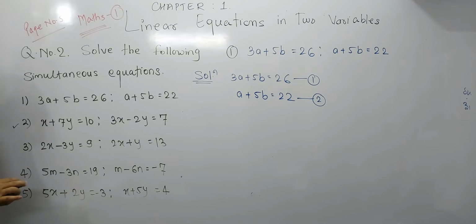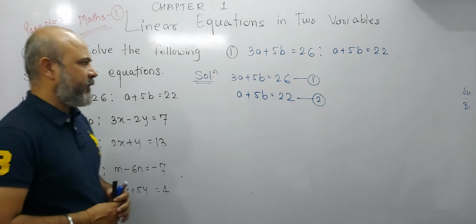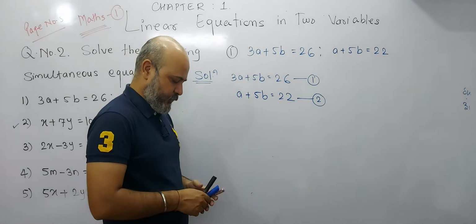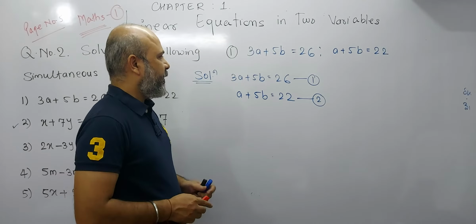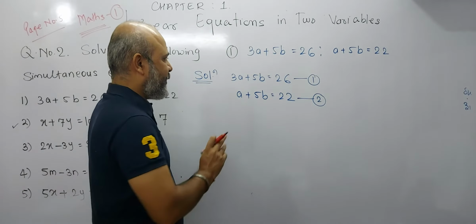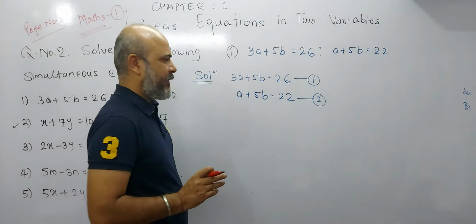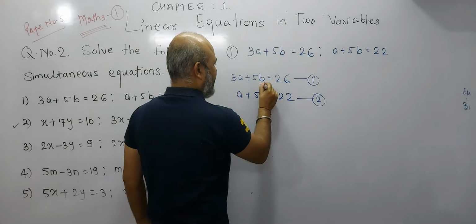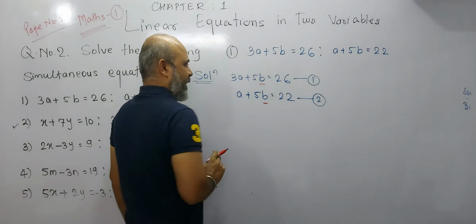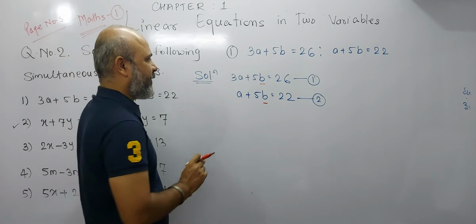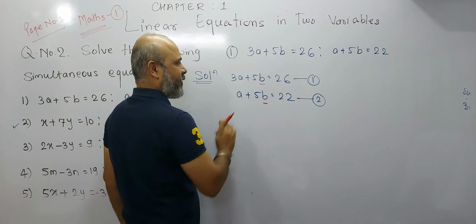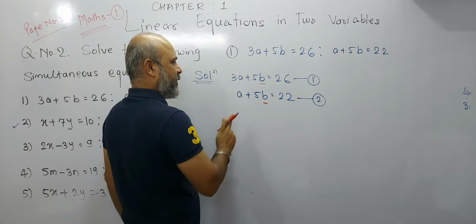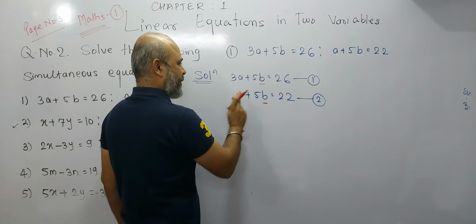Now, students, when you observe equation 1 and equation 2, two variables are there, a and b. You can see that variable b has the same coefficient, that is 5, and the same sign, plus and plus.